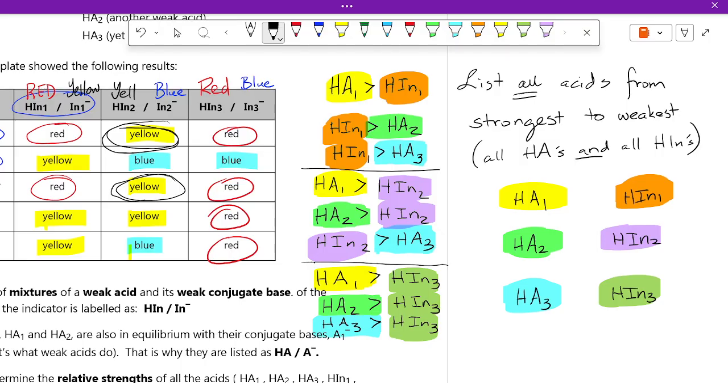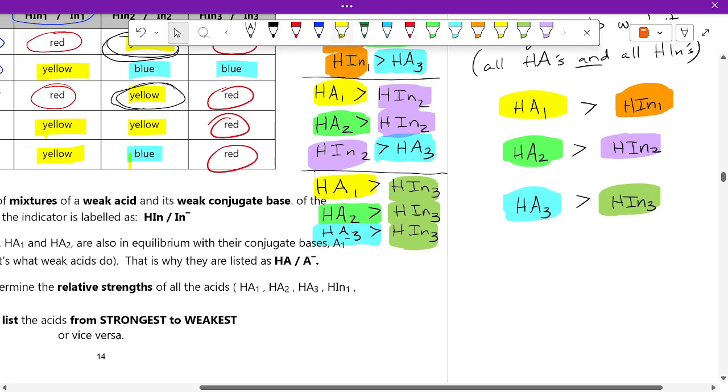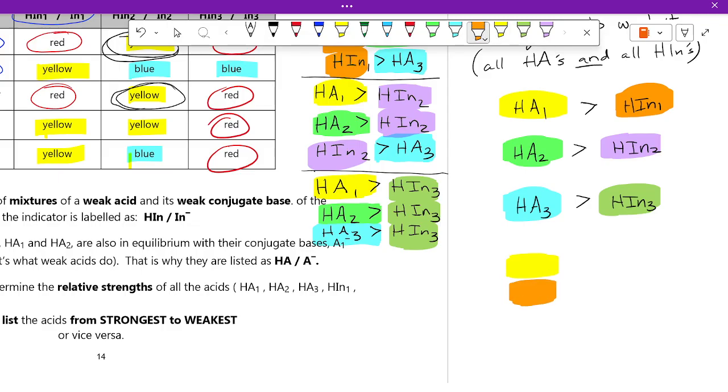Yeah, HA1 is stronger than HIN1. HA2 is stronger than HIN2, and HA3 is stronger than HIN3. So we can then take yellow is stronger than orange, right? Orange is stronger than green.